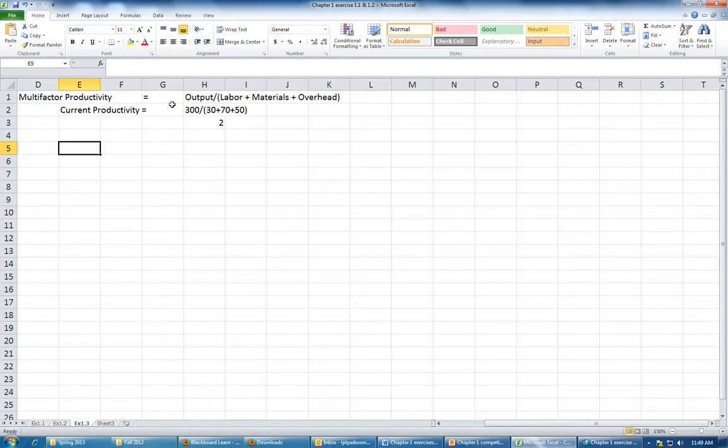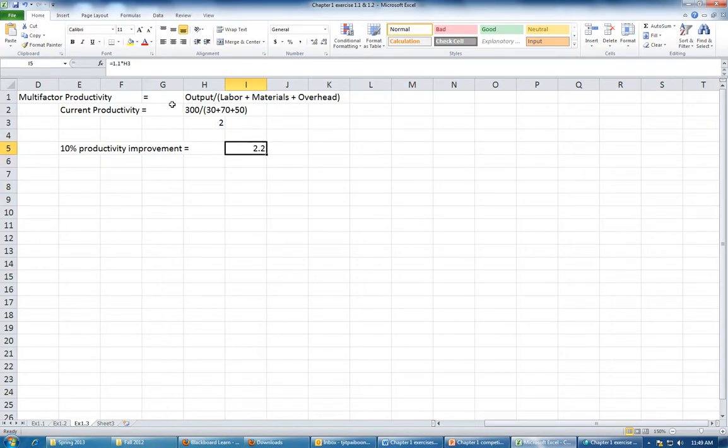We need a 10% productivity improvement, which is 1.1 times the current 2, or 2.2.